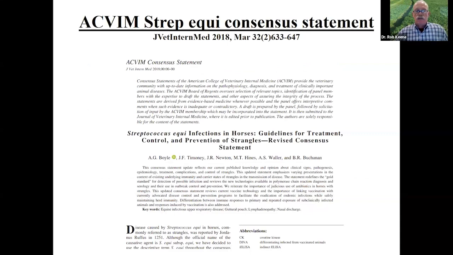You can either love or hate these consensus statements that the ACVIM puts out, because as Dr. Pasterla said, everybody's got an opinion. But this is a great attempt to try to get all the information on this disease, from biosecurity to a lot of the research that has been done across the world.